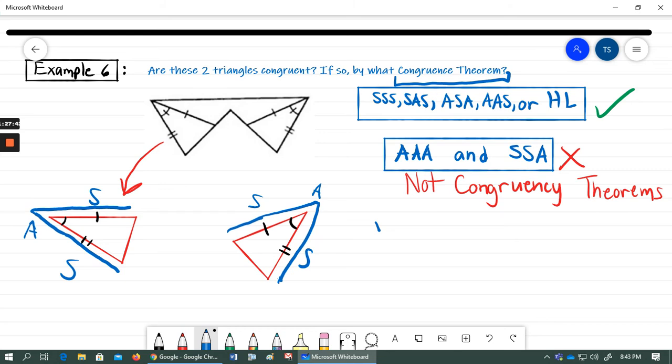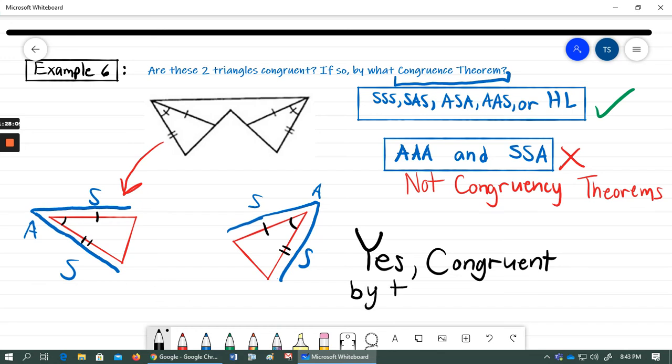Most definitely. These are definitely congruent to each other, folks. They're congruent by the side angle side congruency.